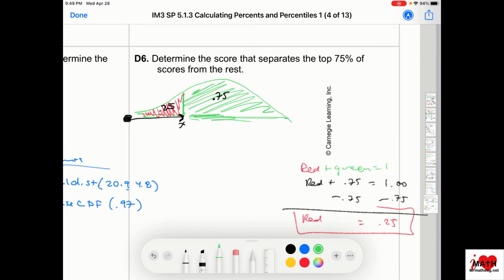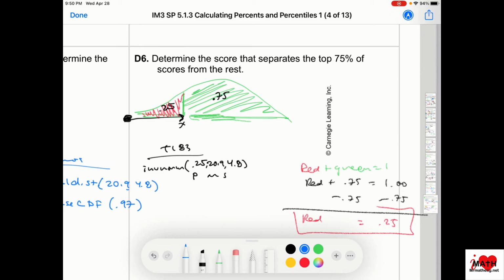Say that again, you're not putting in 75 for your calculator commands. You're using 25. So, inverse norm, and we're using PMS. 0.25, 20.9, and 4.8.